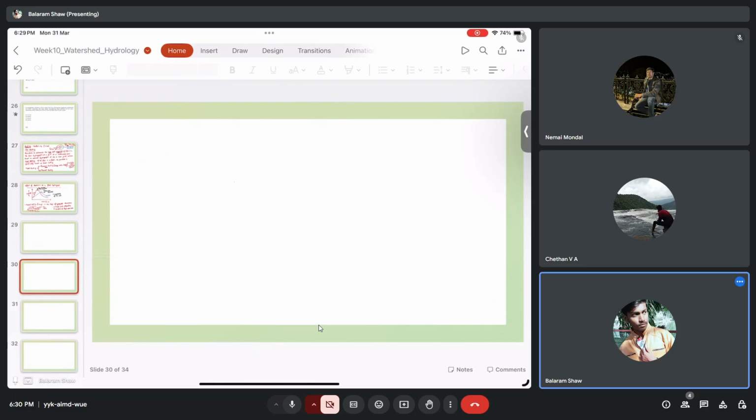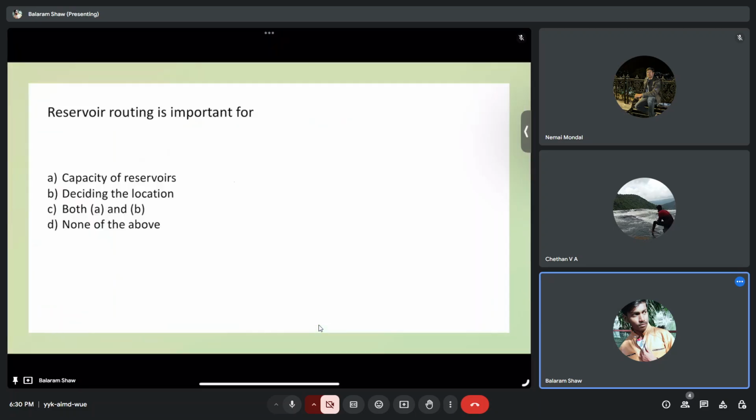Okay, so the first question is, reservoir routing is important for. I'll give you a few seconds for this. We have just discussed this question. Any guesses?